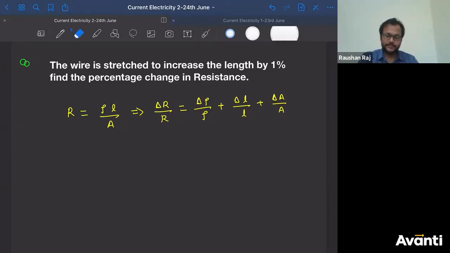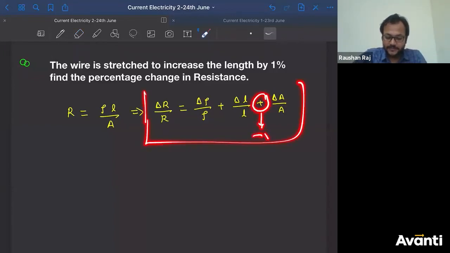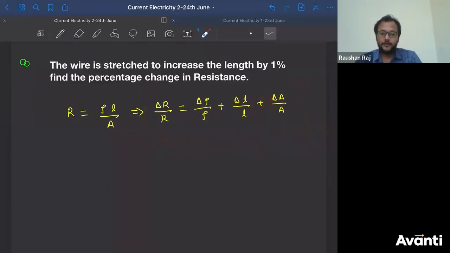In this question, in this particular equation, this positive sign should be a negative sign actually. Now you might think, sir, why do you say that there should be a negative sign? We have studied for every kind of error this will be positive, but bacha, this is only valid.